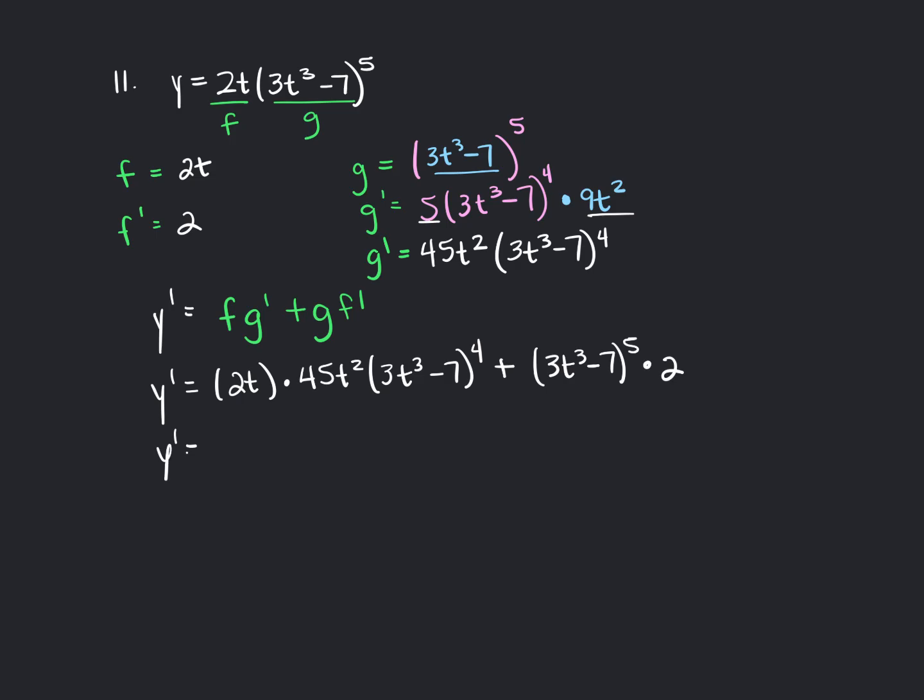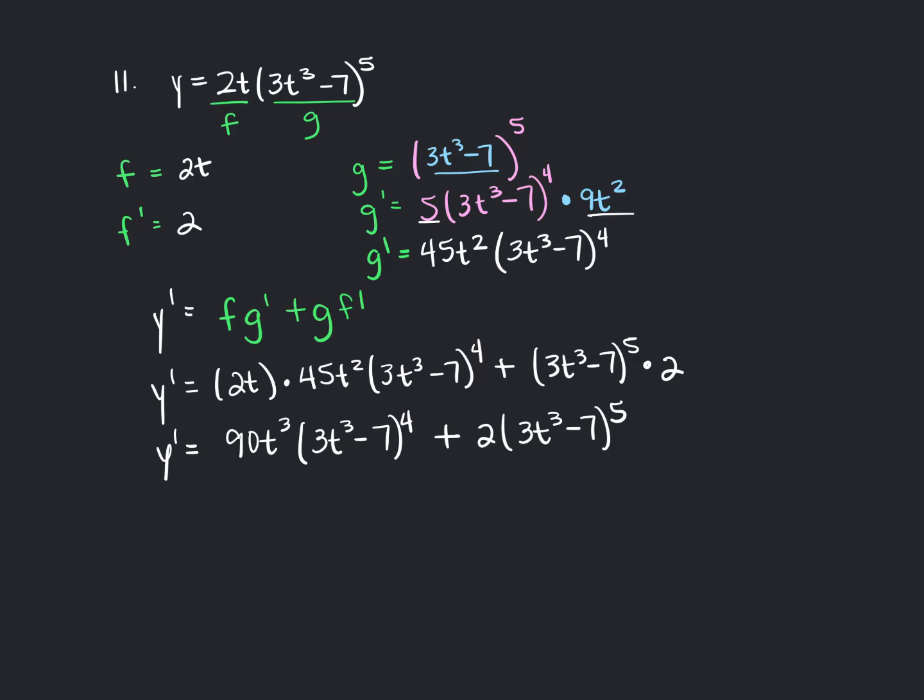So when I clean this up, I'm going to have 90t cubed times (3t cubed minus 7) to the 4th plus 2 times (3t cubed minus 7) to the 5th.